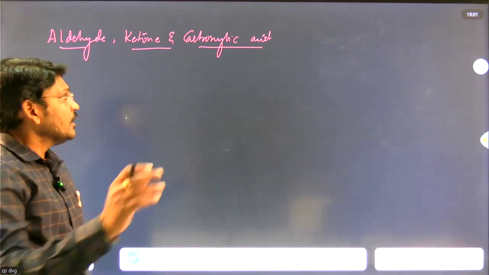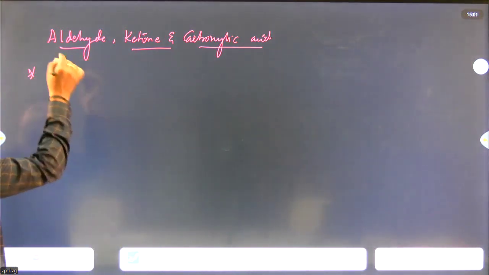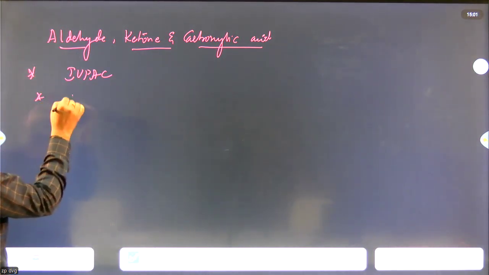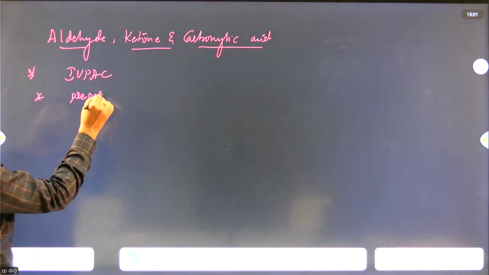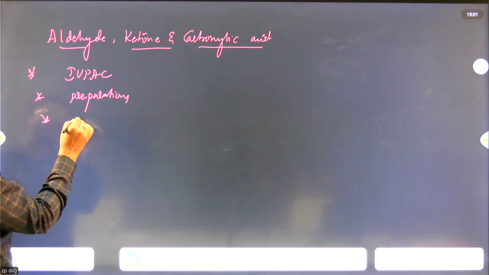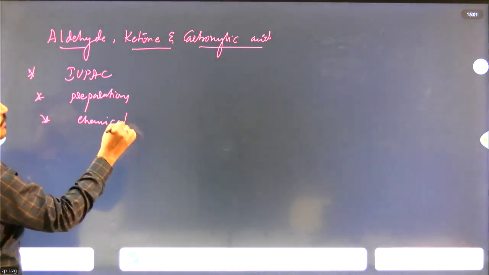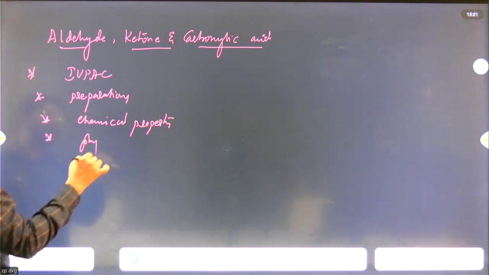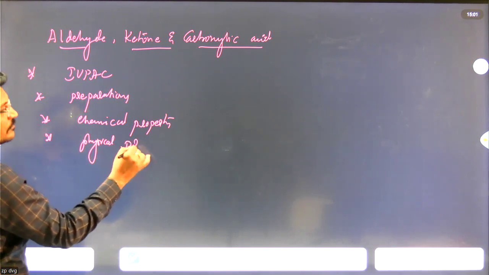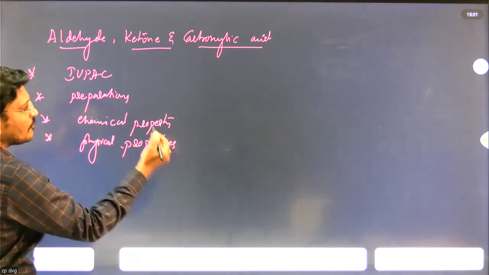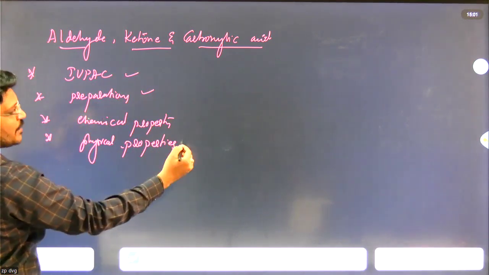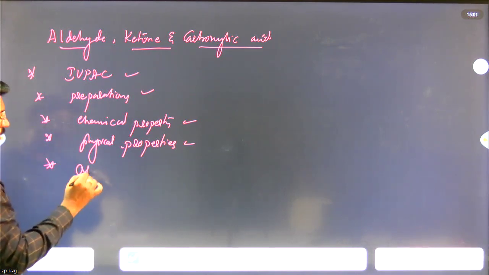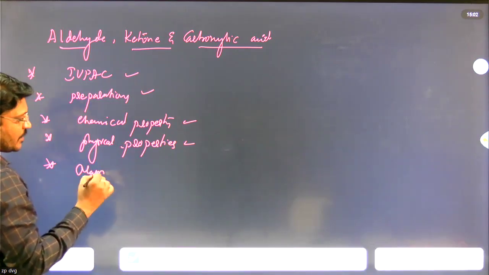In this chapter we are majorly going to deal with IUPAC nomenclature, preparation, physical property, and chemical property. We are also going to discuss some named reactions which come under preparation as well as chemical property.